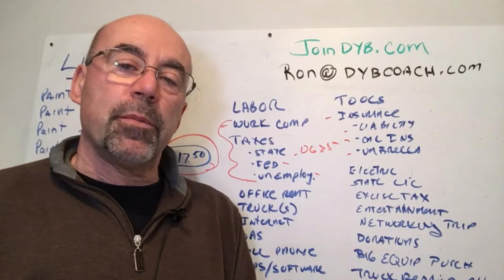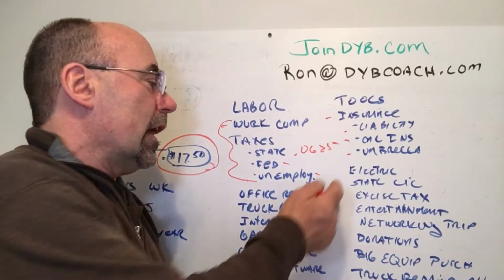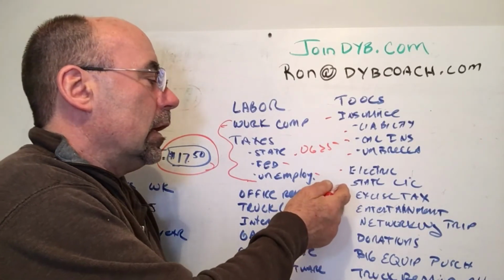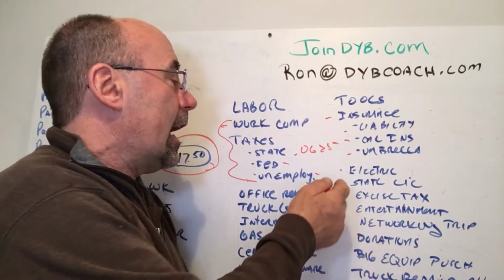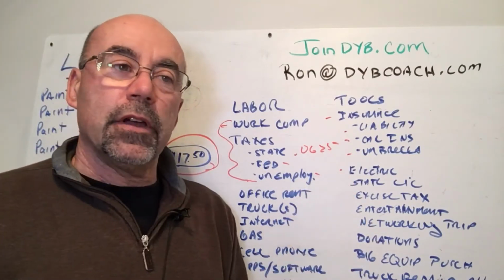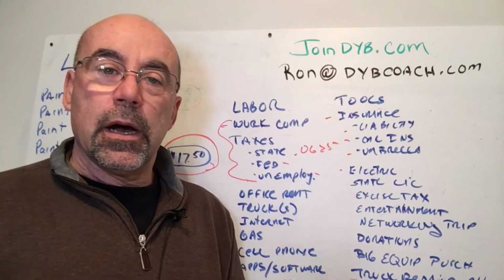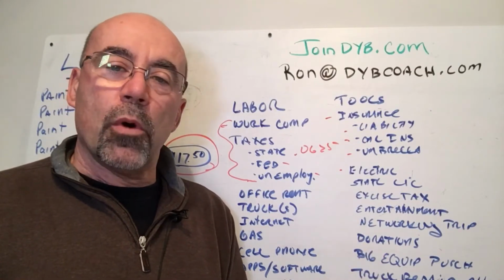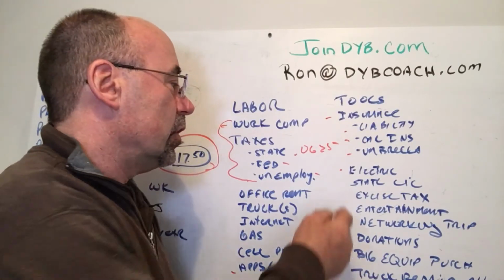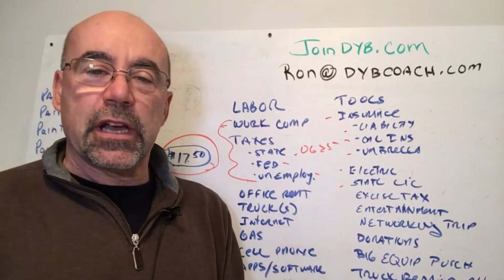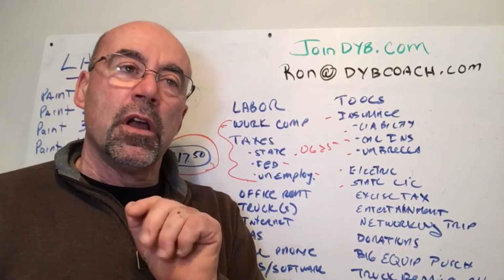Then, depending if you have a shop or not, we have electric, or gas, maybe you heat with gas. You also have some kind of insurance for the shop, I wouldn't say homeowners, but a business insurance. For Massachusetts, we have a state licensing, not for painters.